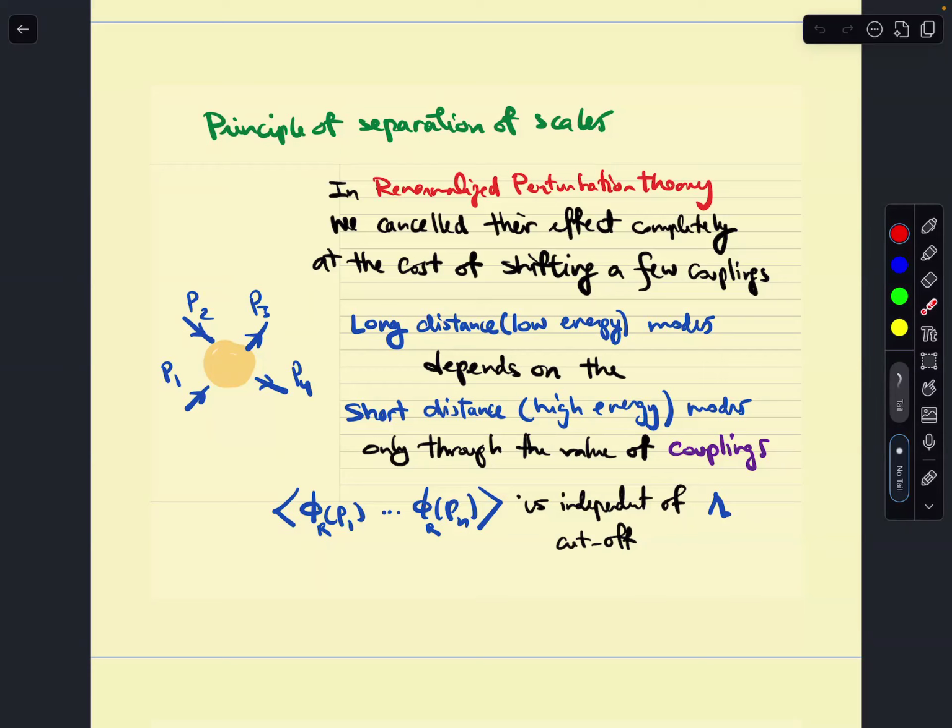So we ate all the divergences in the redefinition of the field, in terms of a renormalized field, and couplings, in terms of what we call the renormalized couplings.